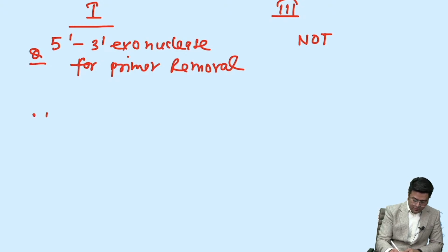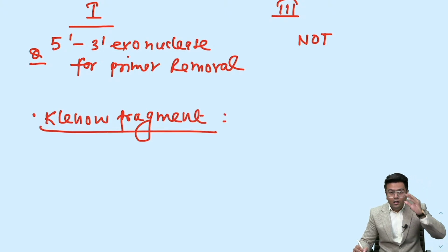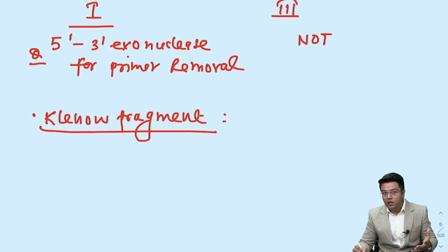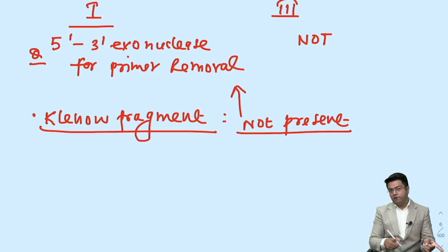And guys, there is a term called Klenow fragment. That is again one of the favorite questions. What is Klenow fragment? Klenow fragment is DNA polymerase 1 without the 5' to 3' exonuclease activity. That activity is not present, so it is called Klenow.